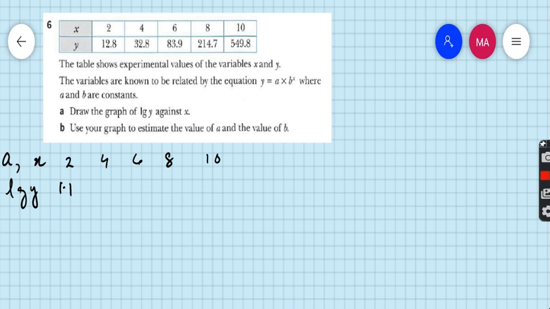Log 32.8, 1.5. Log 83.9, 1.9. Log 214.7, 2.3. Log 549.8, 2.7.